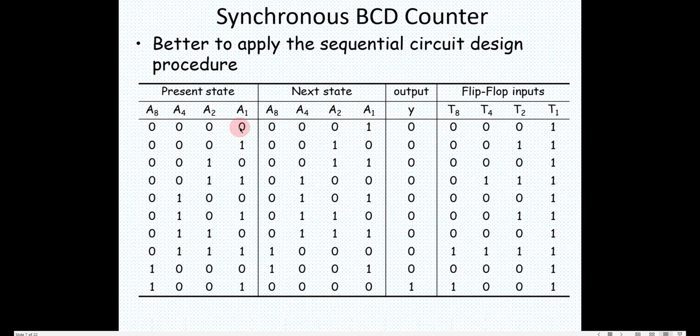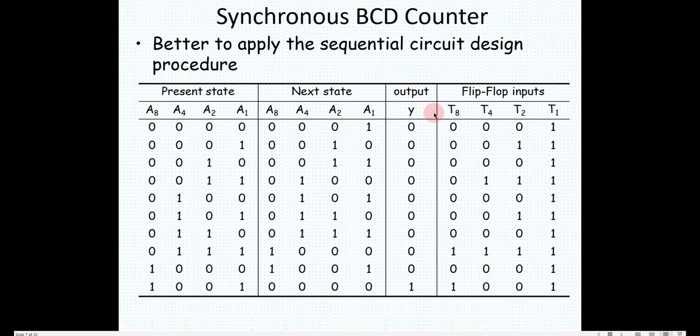Now if you see here, this is 0 to 1, it is changing, so the input which requires to be given here is 1. Here it is again toggling, so it is 1 here. Here everything is toggling with each clock, so that is why all are 1 out here. And similarly here it is toggling only when this is 1. So initially T is to be 0, then T1.